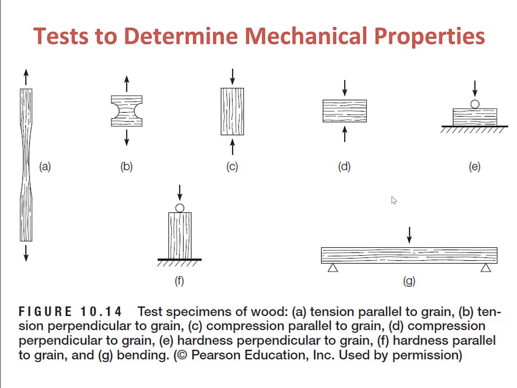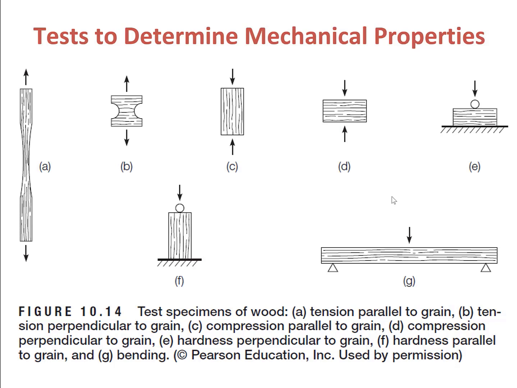In the learning module, I uploaded several YouTube videos on the mechanical tests performed on wood samples. Each video is only 1 minute or 2 minutes long. So I suggest you spend some time watching those videos to get a rough idea about how the mechanical tests are performed.